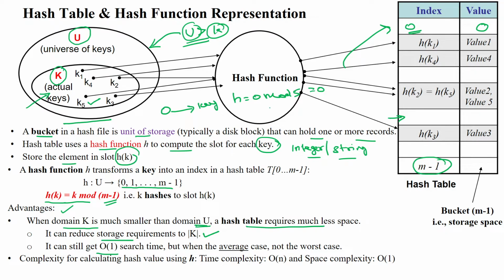It will take only order of one time to search the value, but this is in the average case, not the worst case. The complexity for calculating the hash value using the hash function will be order of n, and the space complexity to store the given value is order of 1.